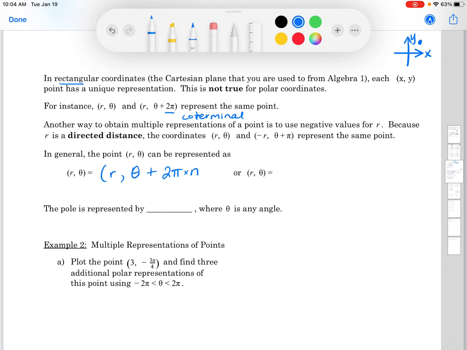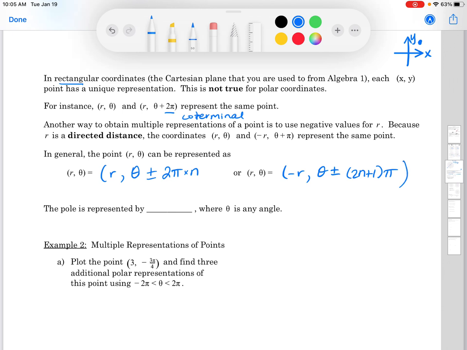Or we can do negative r, go the opposite direction, and then make sure we head to the opposite quadrant. So that would be pi plus or minus, really we could subtract circles too. There'd be nothing wrong with that. Really half a circle, so we would do 2n plus 1 times pi. And n could be really any integer here.